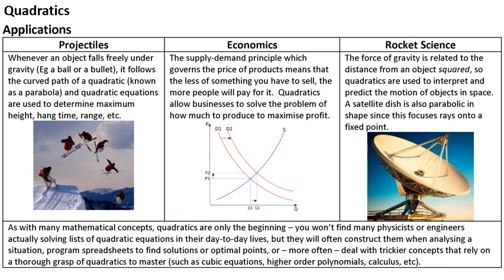And the final one I've got here is rocket science. Anything you're going to do with the motion of objects is going to make use of quadratics in some sense, or potentially more complicated algebraic objects. But the force of gravity itself is indelibly connected to quadratics, because if you go 4 times further away from an object, the force of gravity that you experience is 16 times lower.